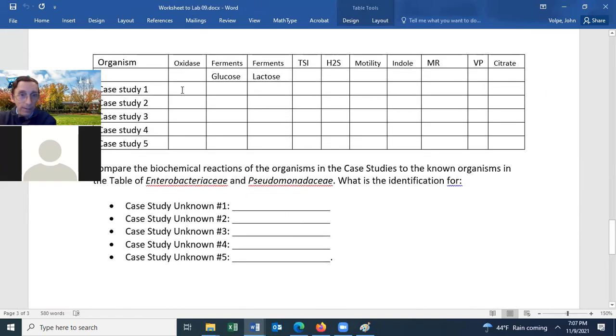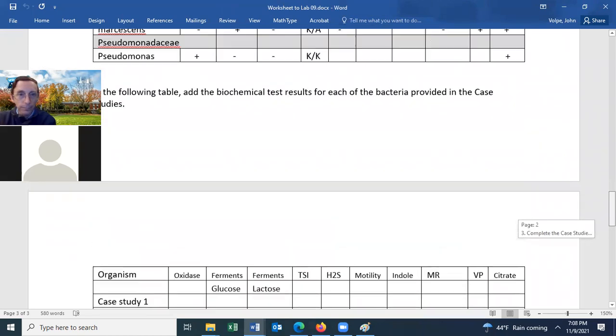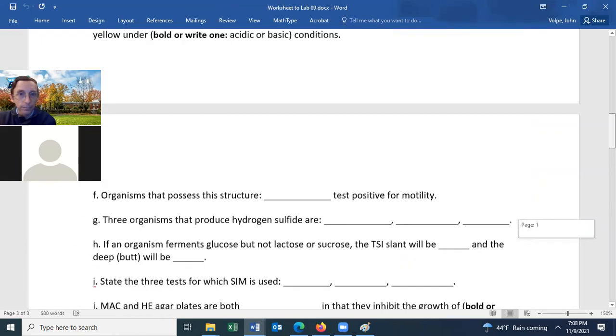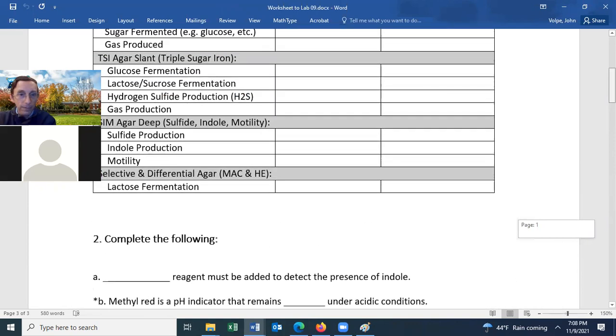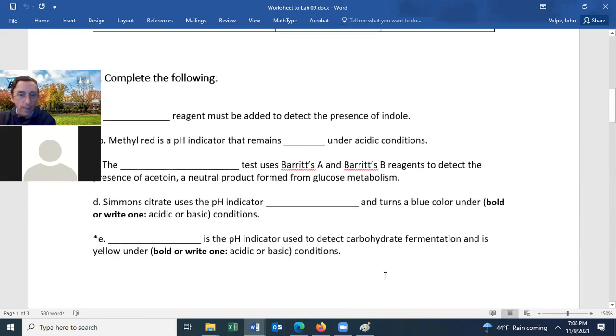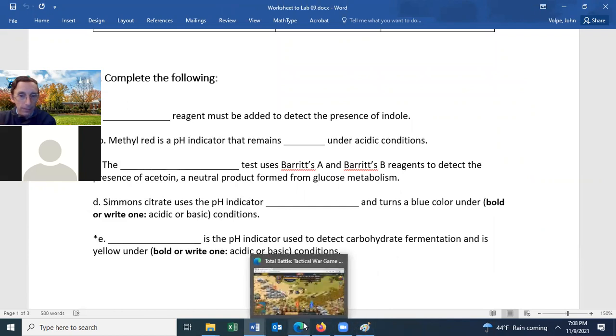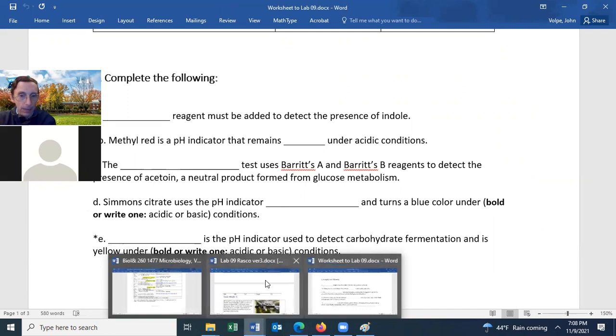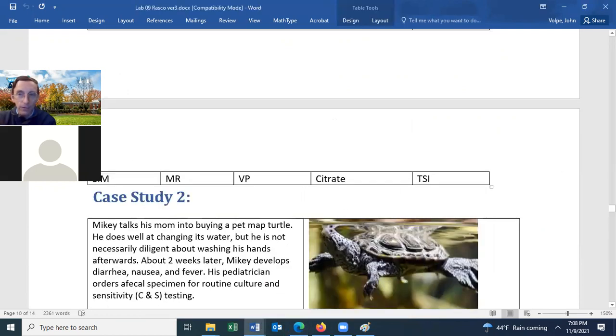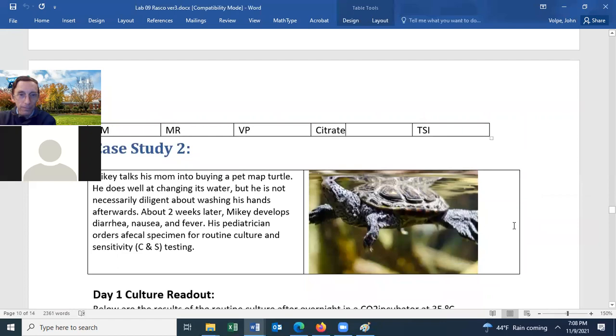Right here. For case 1, these are the results you need to fill in, and then say what species is causing the infection in case study unknown number 1. So do that for the case studies. There's 5 of them, and those are shown in the lab module. Where are we? Here we go. Case study 2, a boy had a turtle.